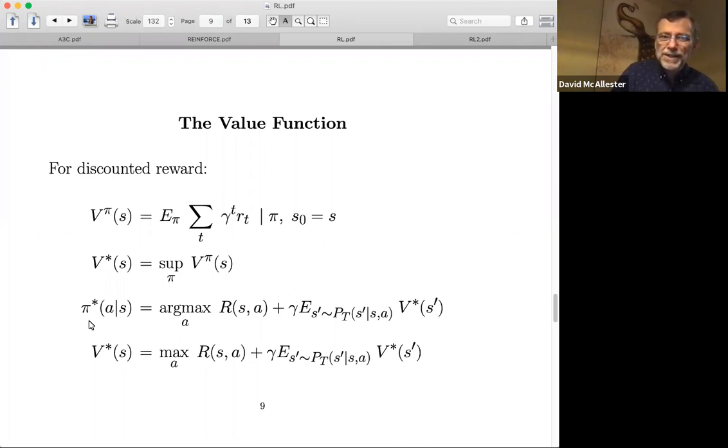Okay, so the optimal policy is maximizing your immediate reward and the expectation over the next state of the best you could do from that next state. And V star is the max over actions of just this expression.